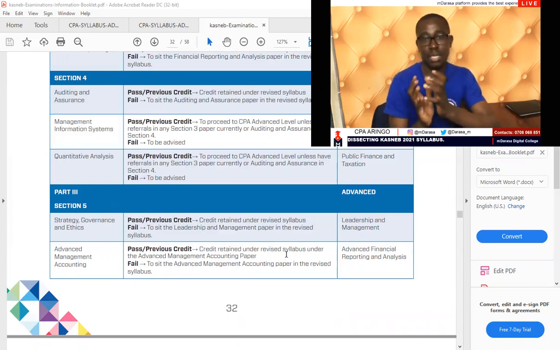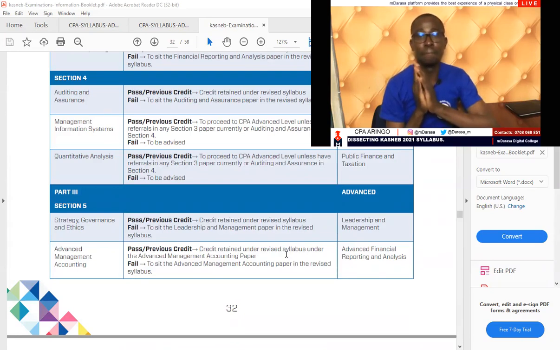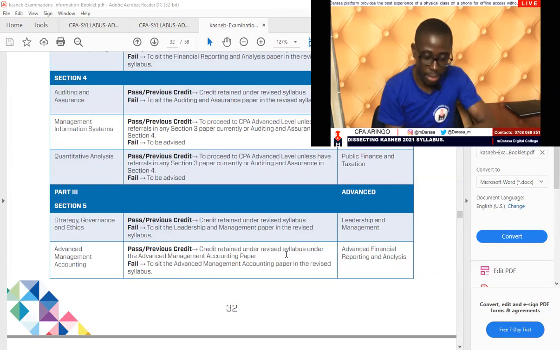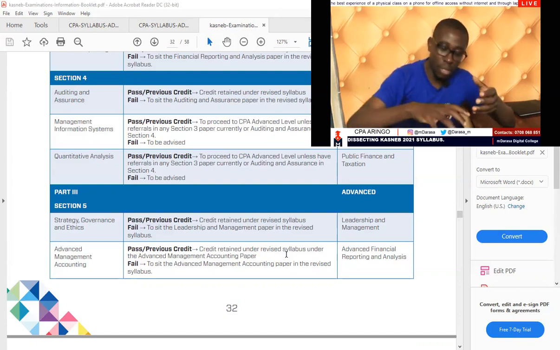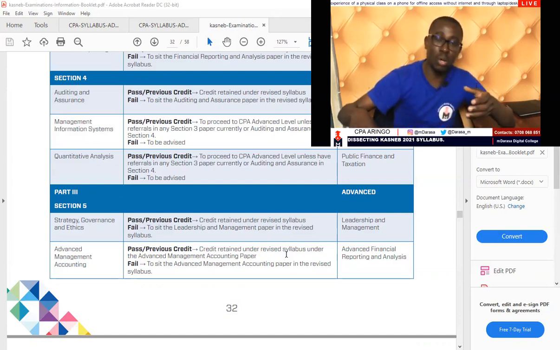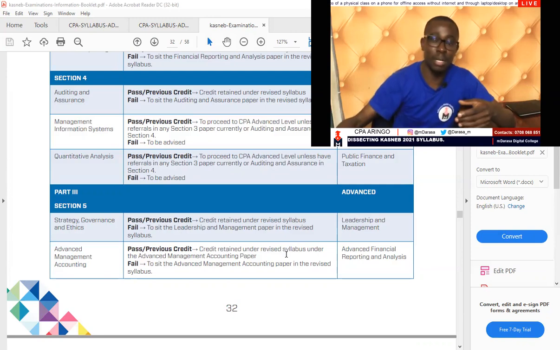These students who are coming from section 4, you will not be subject to specialization till January, unless you did section 4 in the August-September sitting, you passed, and maybe you didn't do your exams in December and want to wait till January.